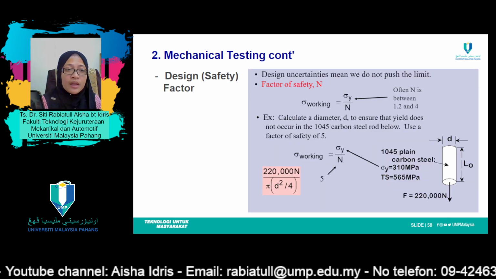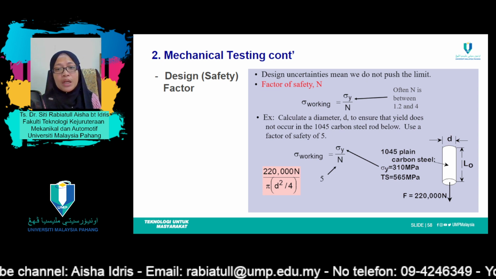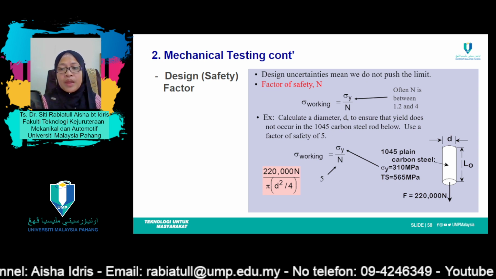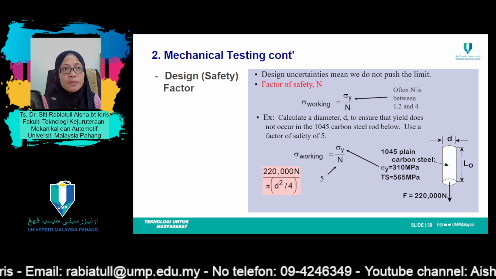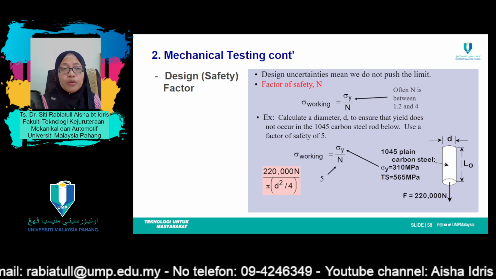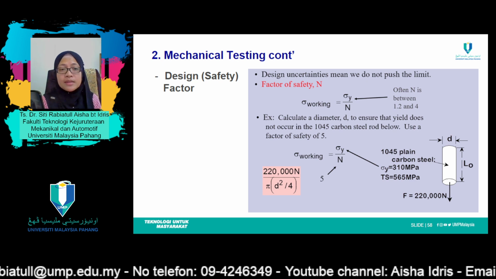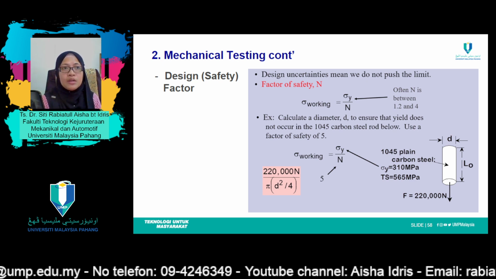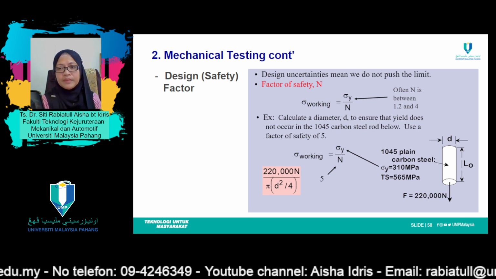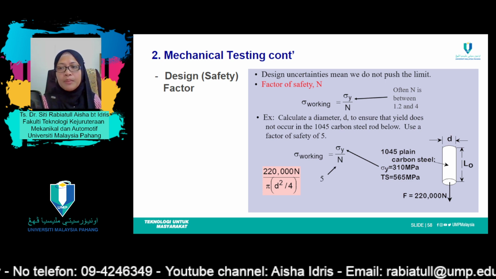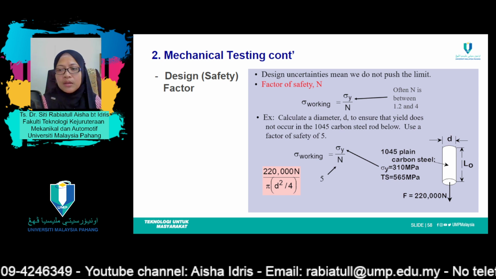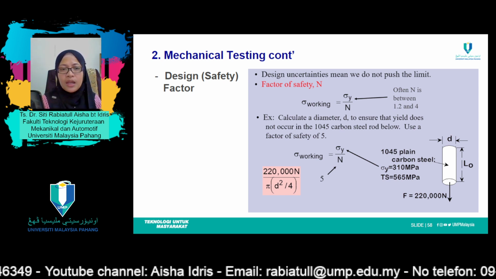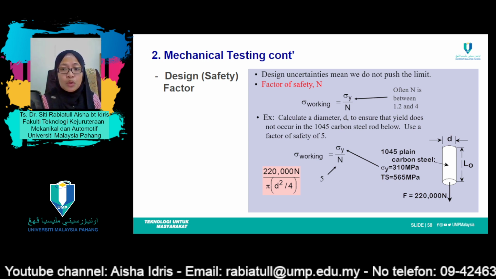Other than that, in design, we should also include the factor of safety, so that the materials won't easily fail, and it has its maximum load before it fails. However, the calculation part for the factor of safety, you will learn further in strength of materials or solid mechanics.